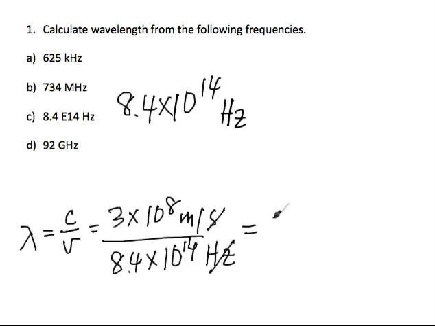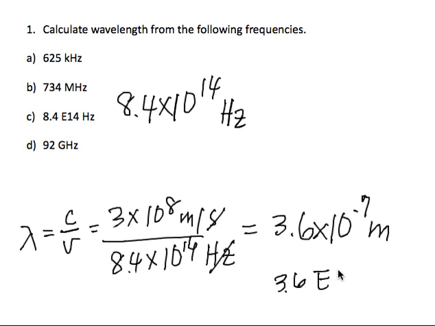You will get 3.6 times 10 to the negative 7, and then this will be meters. So in your calculator, you will see 3.6 E minus 7. So that's just 3.6 times 10 to the negative 7.